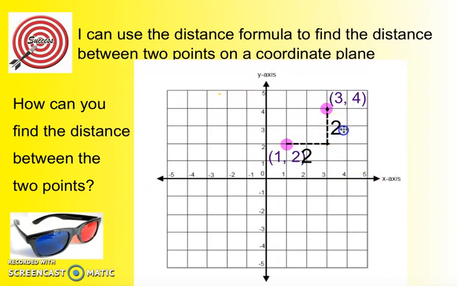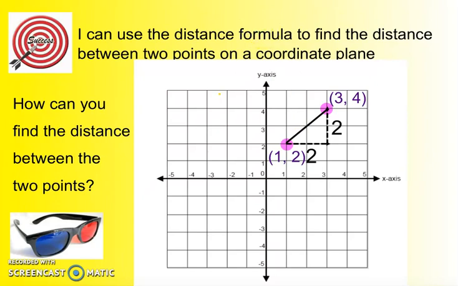The other thing I notice is that if I take another line and I connect them, they actually create a hypotenuse of a right triangle. These are the legs and this is the hypotenuse.